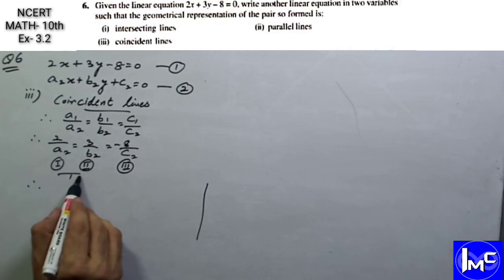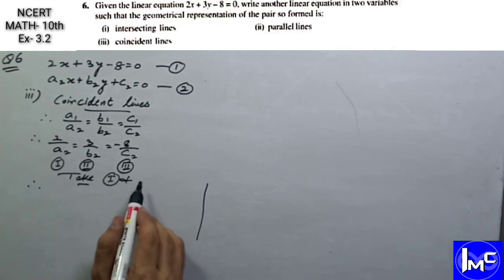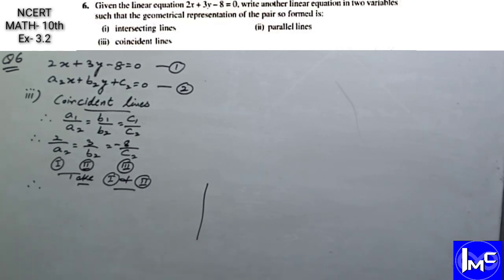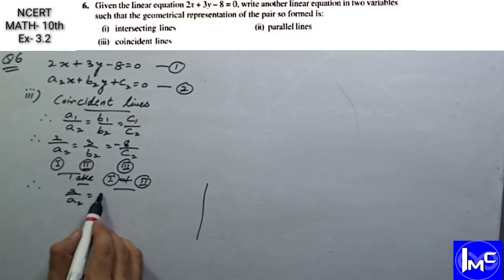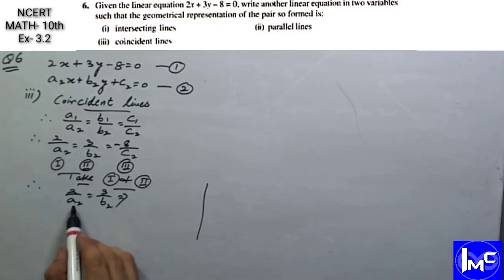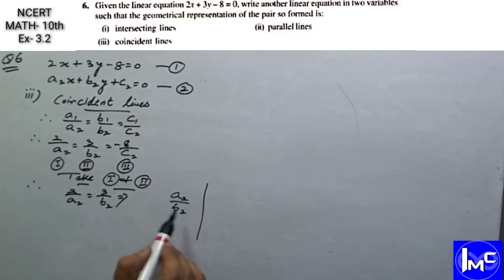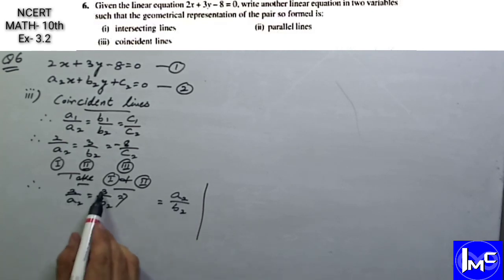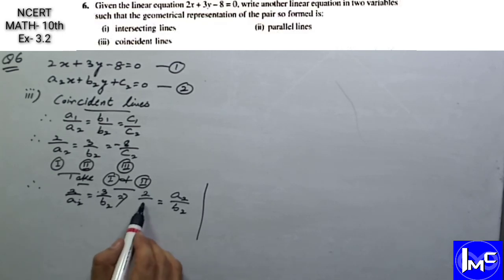Take first and second. It will be 2 by a2 is equal to 3 over b2, which implies a2 over b2 is equal to 2 over 3. These two are interchanged with each other.